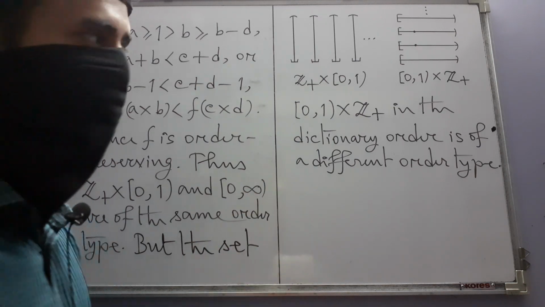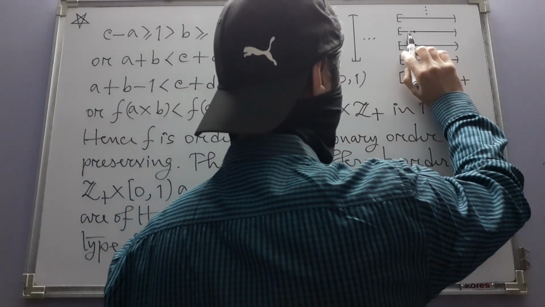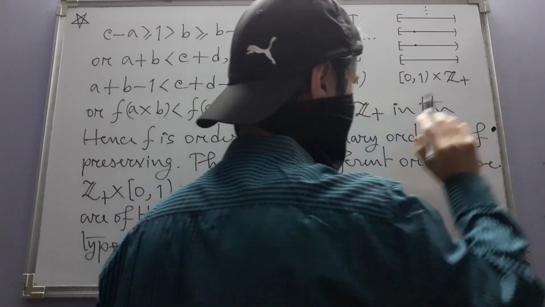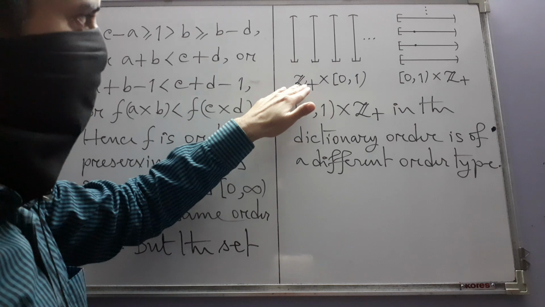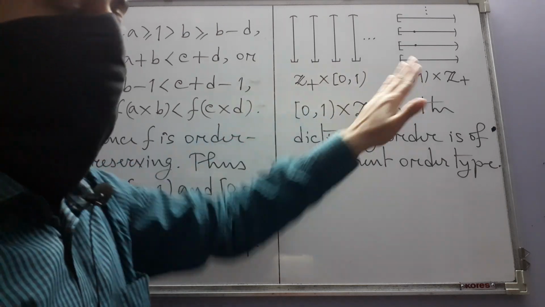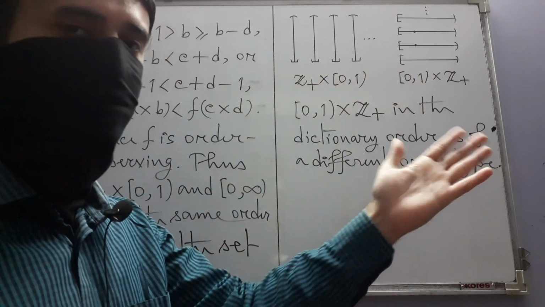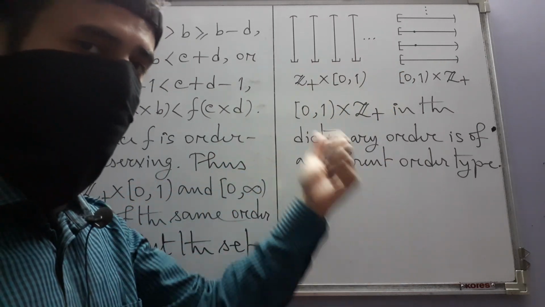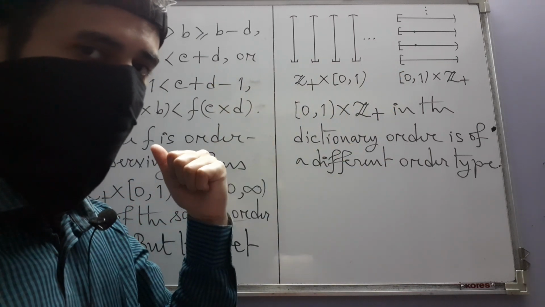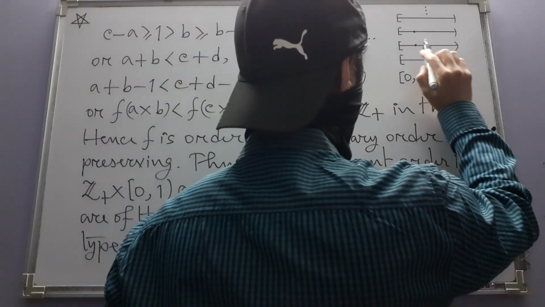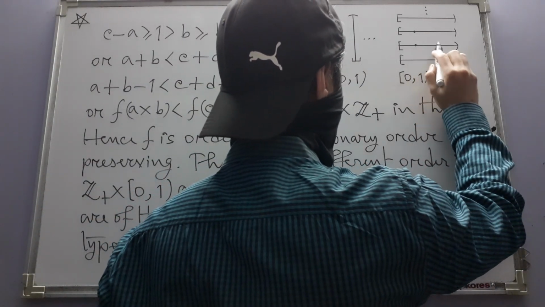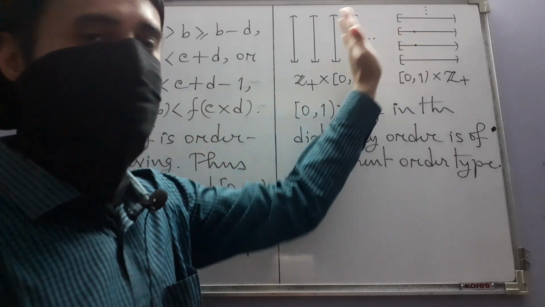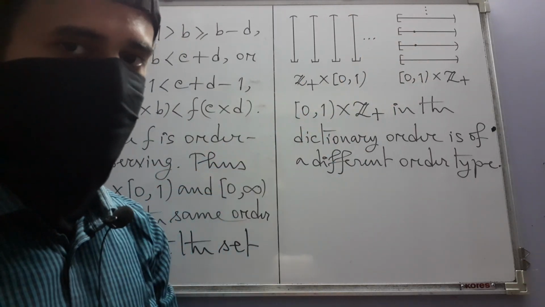Remember the definition of dictionary order. Since the orders on these individual sets are just the order that we have in R, we are still talking about the dictionary order that we considered in example 11. So any point that lies to the right of this point will be greater than this point, and any point that lies to its left will be less than this point in the dictionary order.